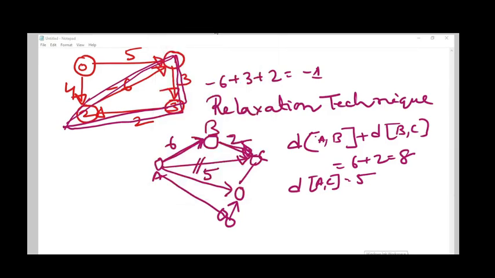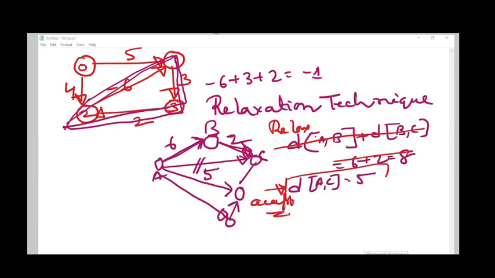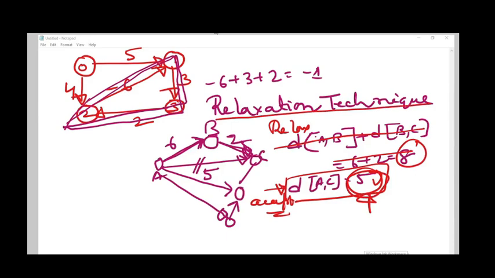Then it will relax this path: it will ignore this path and accept that path. This 5 is less than 8. Whichever path is shorter, it will choose. This process is called the relaxation technique. By this technique, Bellman-Ford could detect the cycle. Okay, friends, up to this much.